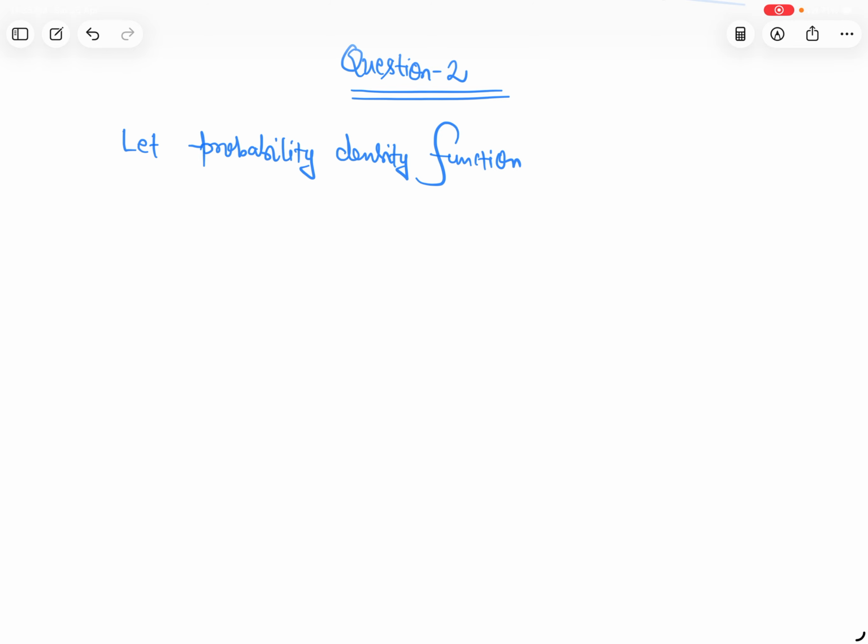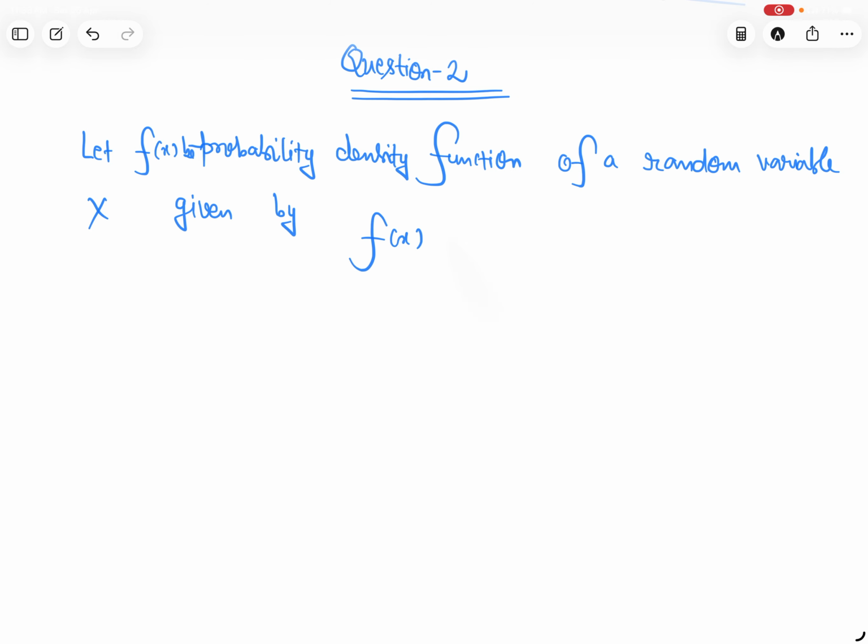Let f(x) be the probability density function of a random variable X given by f(x) = ax² + bx if x is in this range, and 0 else.